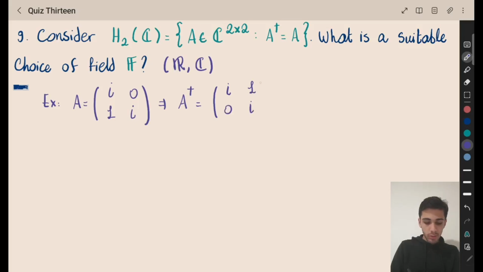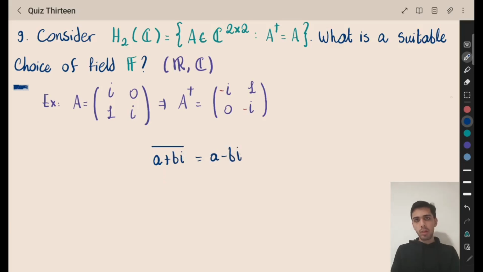And then the second thing you do is you complex conjugate all the complex entries. So I take this I and make it a minus I, I take this I and make it a minus I, because the complex conjugate of I is minus I. More generally, if you have A plus BI, it has a conjugate which is A minus BI. We know this.